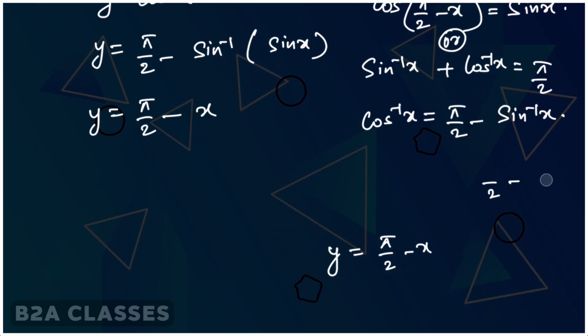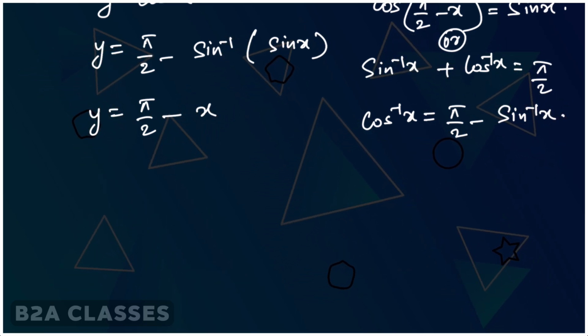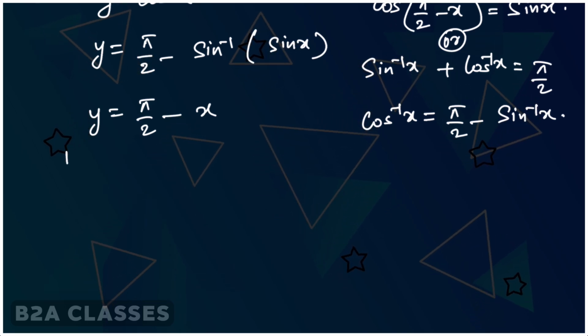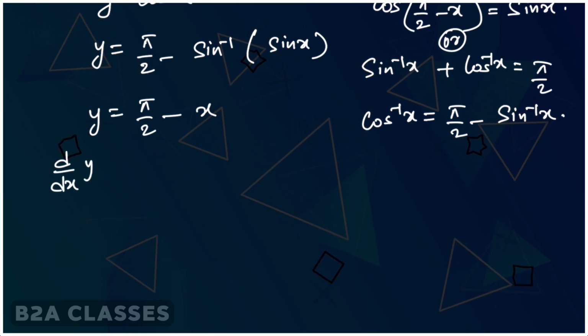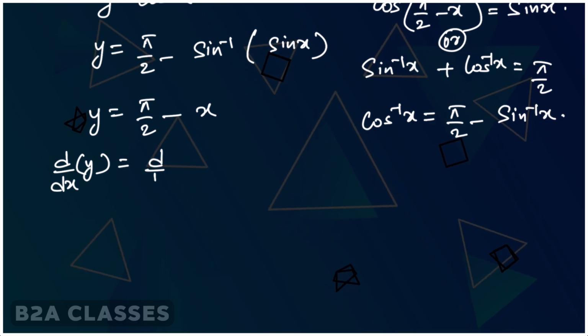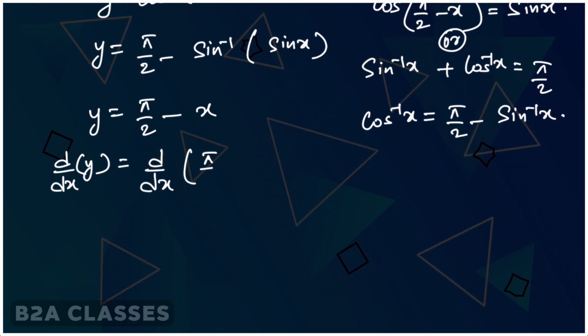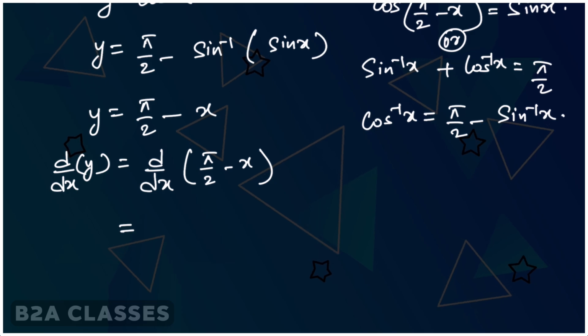So let me solve this. So let me find the derivative. So d by dx of y equals d by dx of pi by 2 minus x.